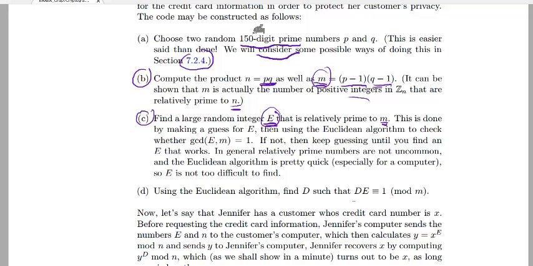Okay. Now, once I have the number E, and it's relatively prime to M, then we've seen that it's possible to solve such an equation, DE congruent to 1 mod M, for the unknown D. Recall that this equation is the same thing as saying DE is equal to 1 minus, let's say, FM, where D and F are unknowns. And that's the same thing as saying DE plus FM is equal to 1.